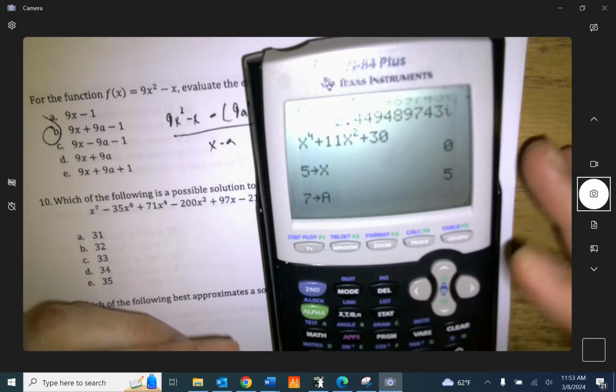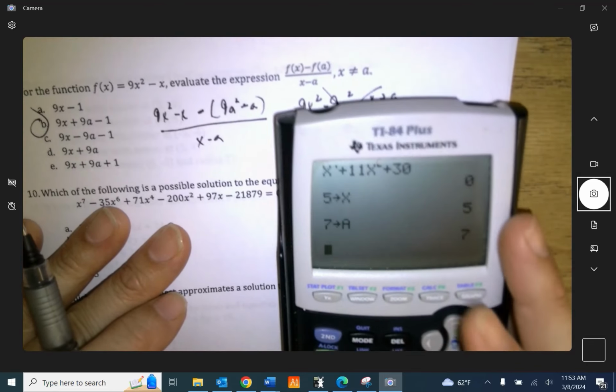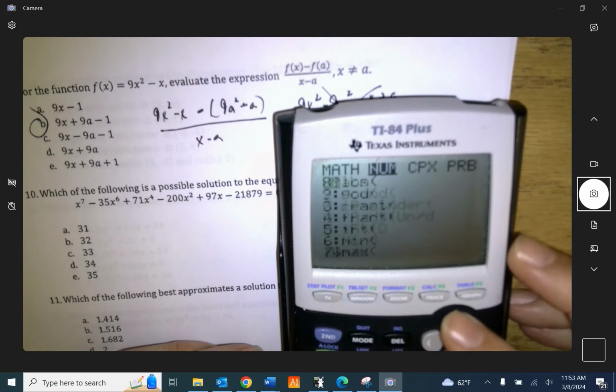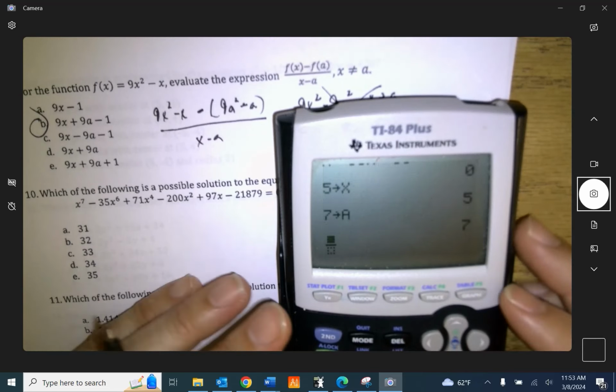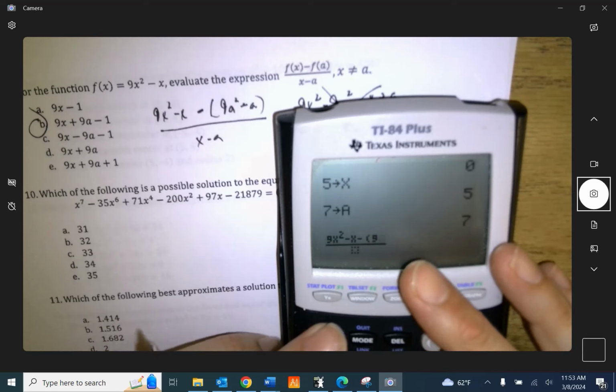Oh, there she is. Let's type in that expression. So math, num, n over d. It's f of x, which is 9x squared minus x, take away, be sure you use parentheses, f of a, which was 9a squared.